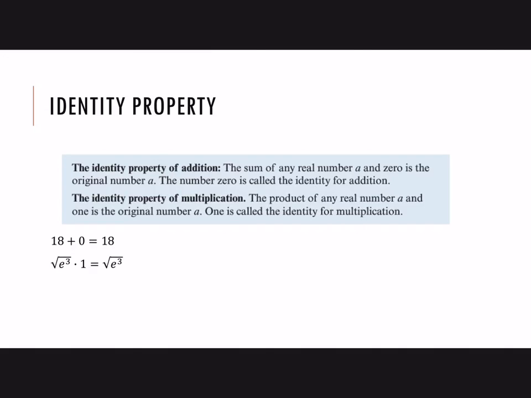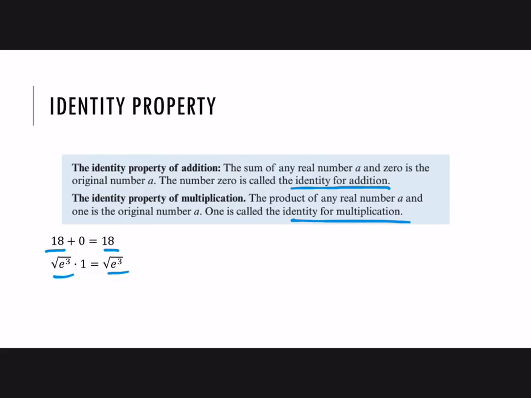We have two special numbers, 0 and 1, which are called the identity elements. 0 added to any number equals the number itself, and 1 times any number equals that number itself, as long as these are real numbers. That's what's special about the identity element. It's just preserving the value of whatever number you started with. So 0 is the identity for addition, 1 is the identity for multiplication.